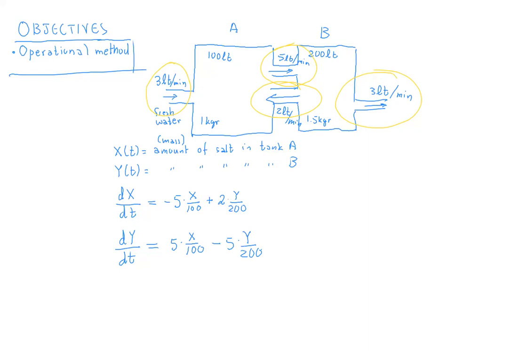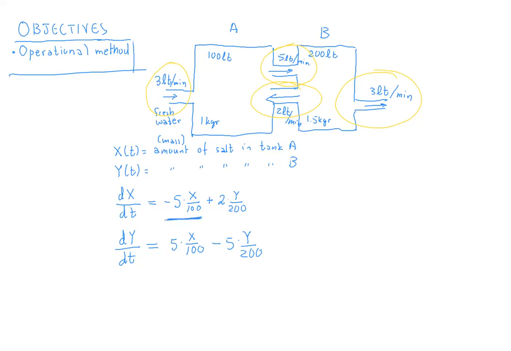Any questions, please? Yeah, how come it's minus 5 times y over 200 here, but we didn't do that for the one above it? Because for the one above it, first of all, we did do something similar. It's right here.